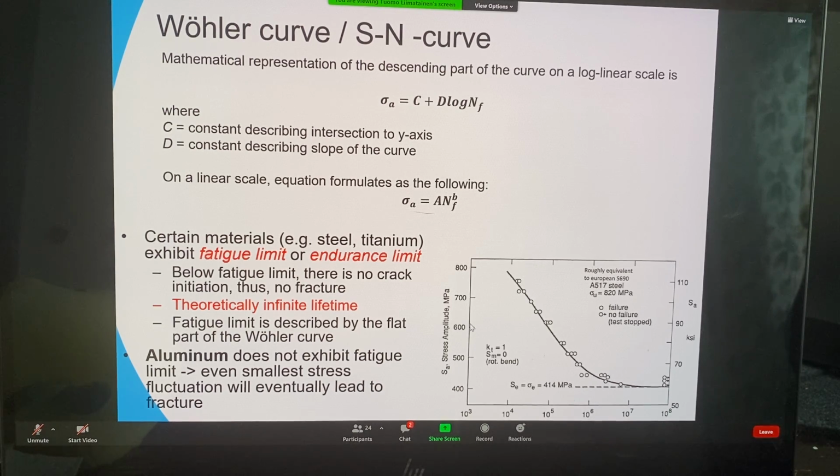But there's also a factor that affects it: it could be that even though you only have a couple of high stress peaks, in some cases it causes the crack to initiate, and then after that also the lower level stresses will make the crack grow. So therefore the high stress peaks are really harmful. They are actually more harmful.